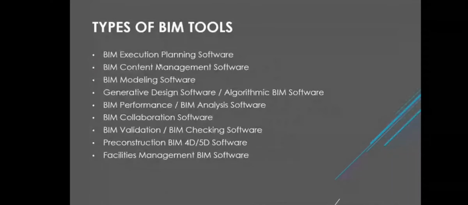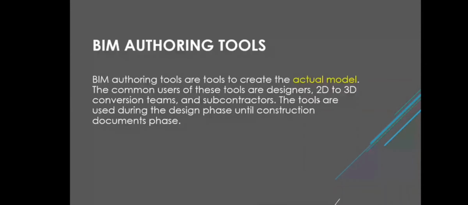Based on their use, you can classify them into BIM execution planning software, content management software, modeling software, generative design software like Dynamo, analysis software, BIM collaboration software like BIM 360, BIM validation software, pre-construction software, BIM 4D, 5D software like Bexel, and facility management software. So the type of BIM tool can be further divided based on the purpose of usage in BIM. BIM authoring tools are the tools to create the actual model.